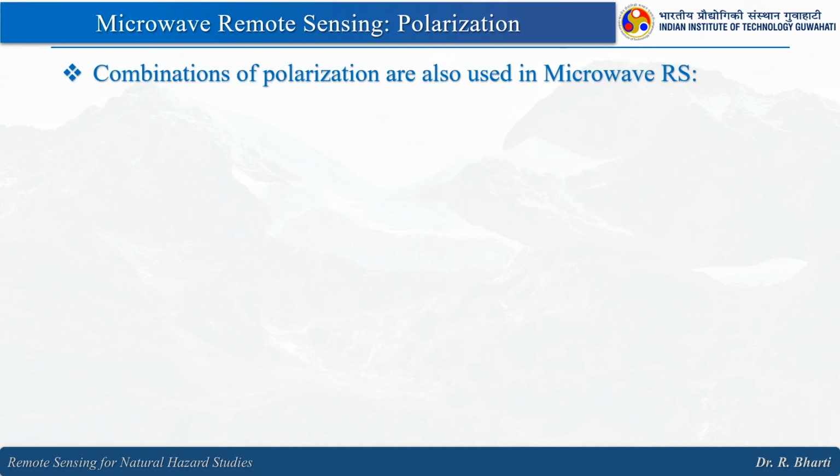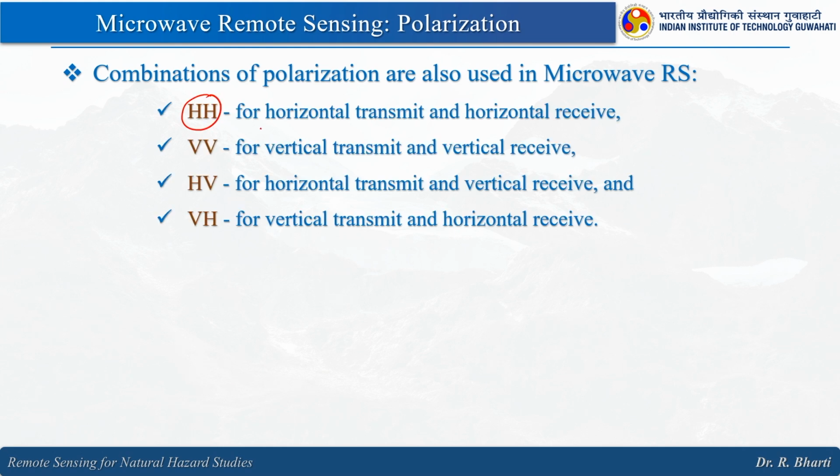The combinations of polarizations are also used: HH, which is horizontal transmit and horizontal receive; VV, vertical transmit and vertical receive; HV, horizontal transmit and vertical receive; and the last one, VH, vertical transmit and horizontal receive.